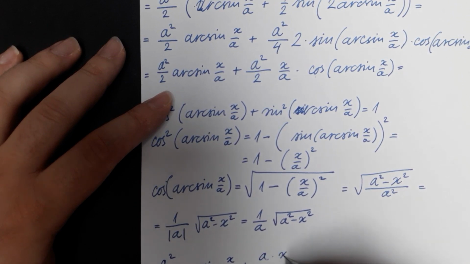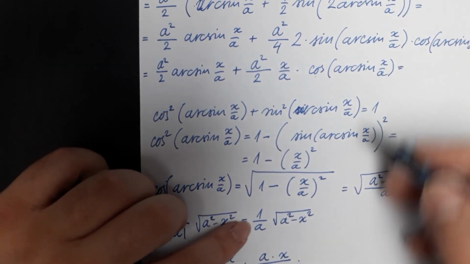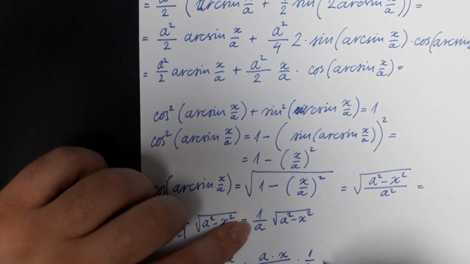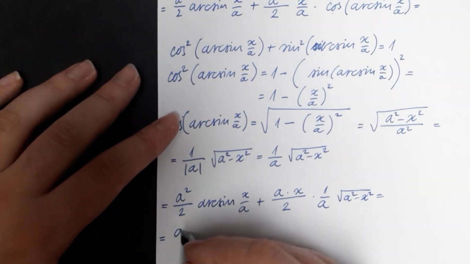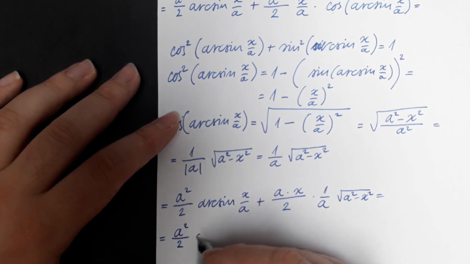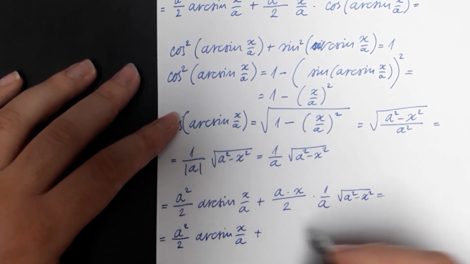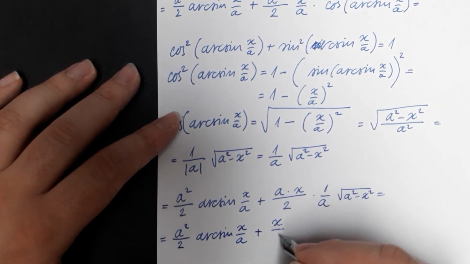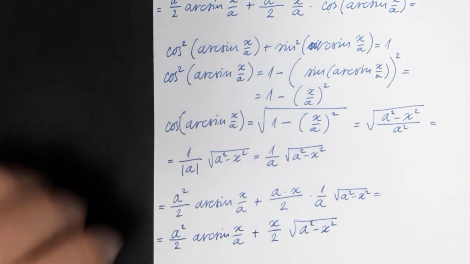a times x divided by 2 times the cosine of arcsine of x over a, which is 1 divided by a times the square root of a squared minus x squared, which is then equal to a squared divided by 2 arcsine of x over a plus x over 2 times the square root of a squared minus x squared.